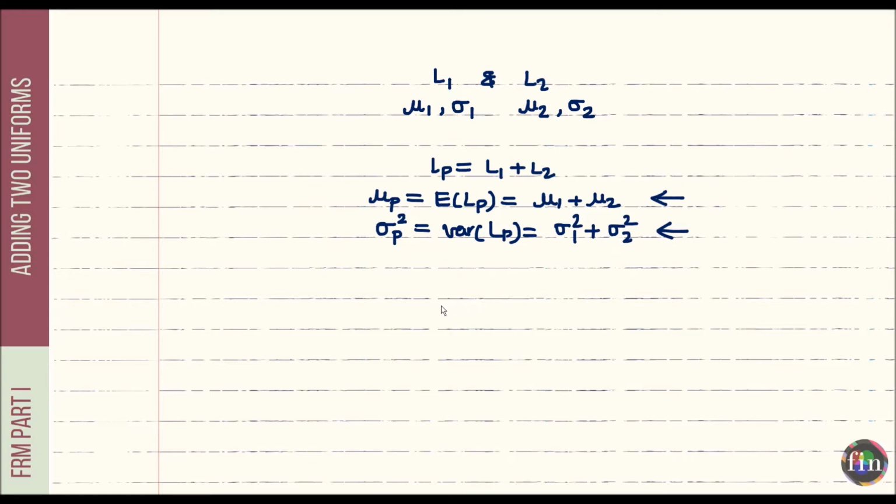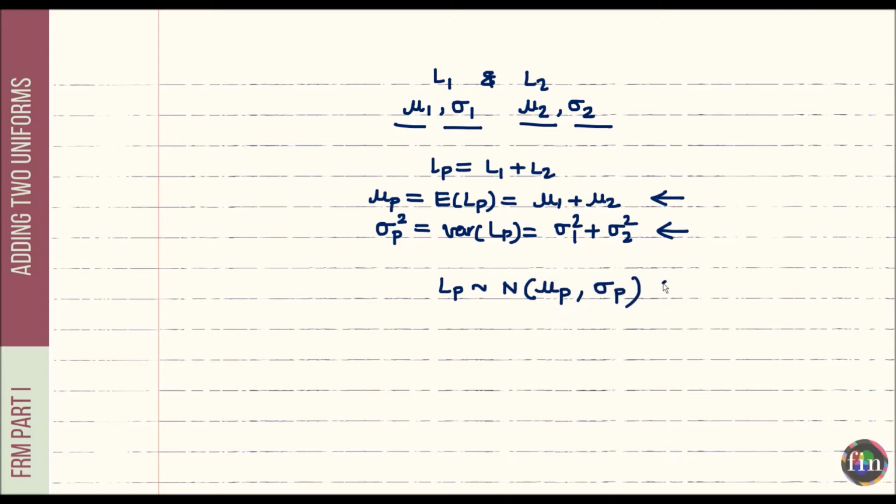Now, had the choice of distribution for L1 and L2 been the normal distribution, that means L1 was normally distributed with this as the mean and this as standard deviation, and so was L2, but with this as the mean and this as the standard deviation, you could write down that the distribution of LP is also normal, but this time with mean mu p and standard deviation sigma p.